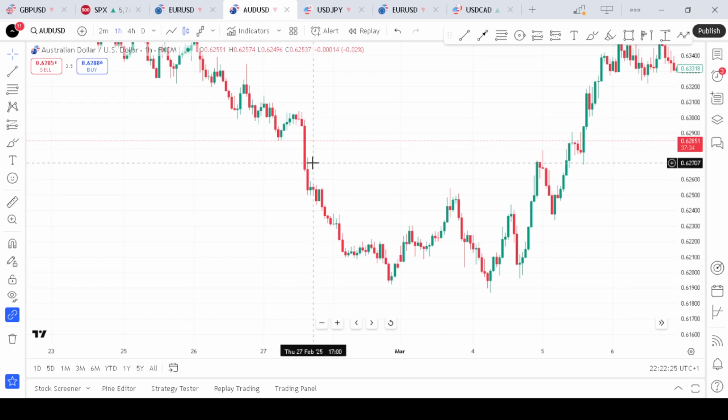Now, the first candle shows the exhaustion parallel to the uptrend. The second candle shows the confirmed shift in momentum.